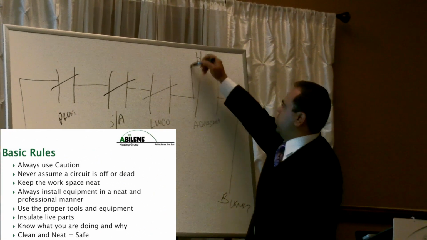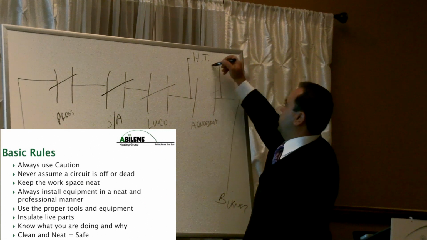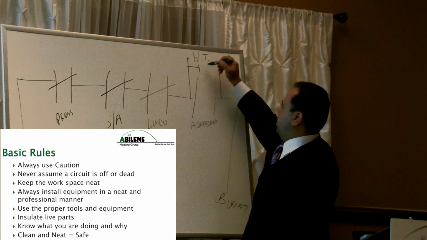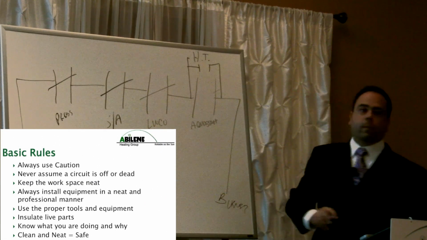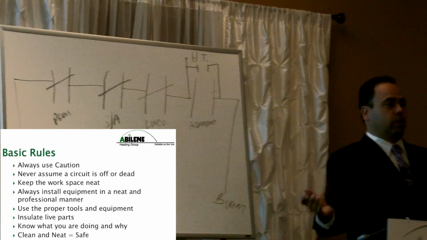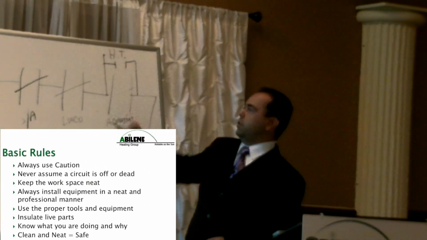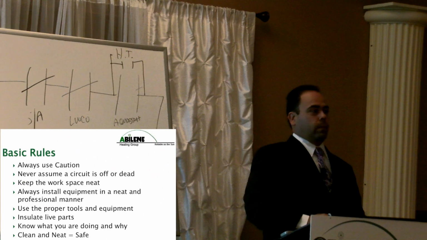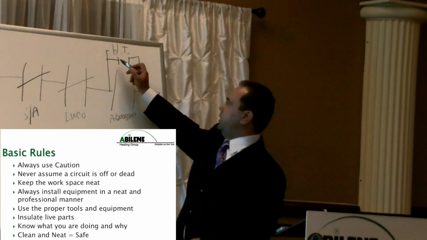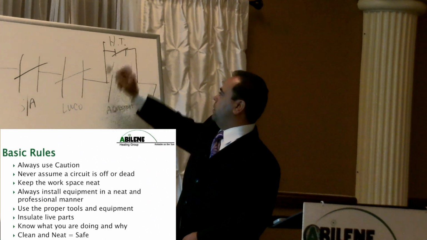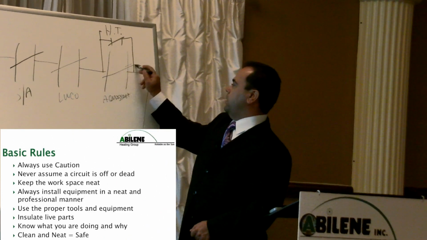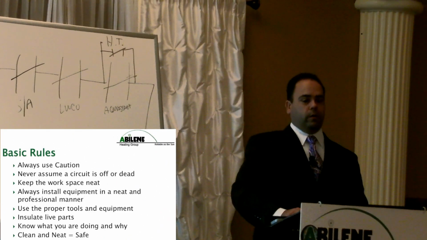But what we're going to do is parallel it with the heat timer. The heat timer is going to make heat. The aquastat is going to make hot water. So either the heat timer or the aquastat can fire the burner.